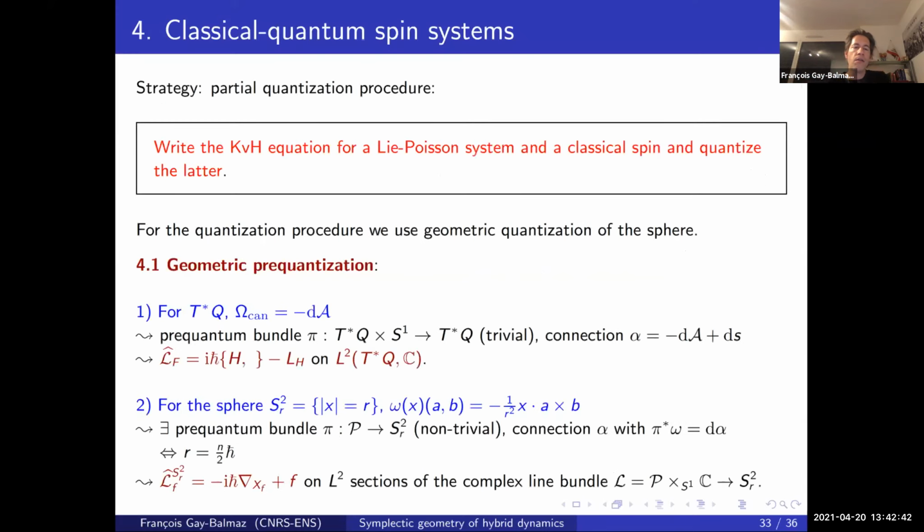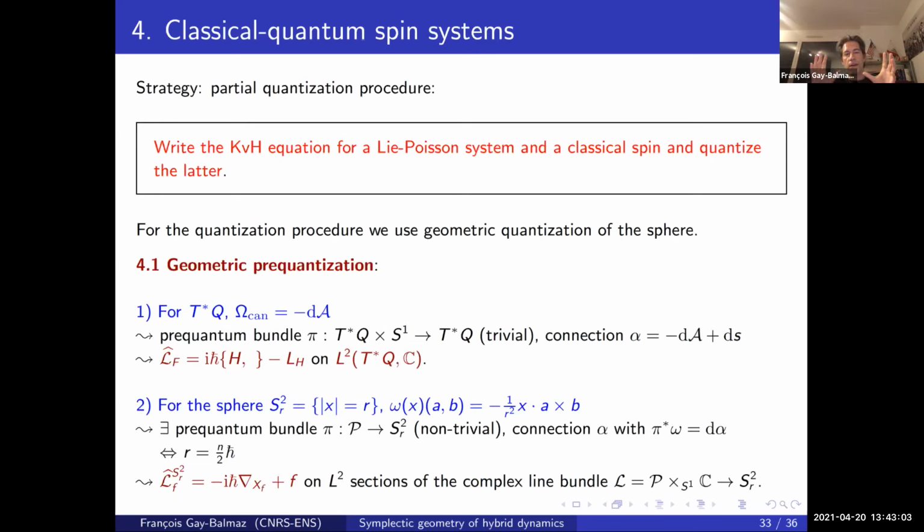And now what about the hybrid versions for that? Very briefly, here you may just listen to me rather than look at the slides because I will be a little bit fast, but just to give you an idea. The idea is the same as before.